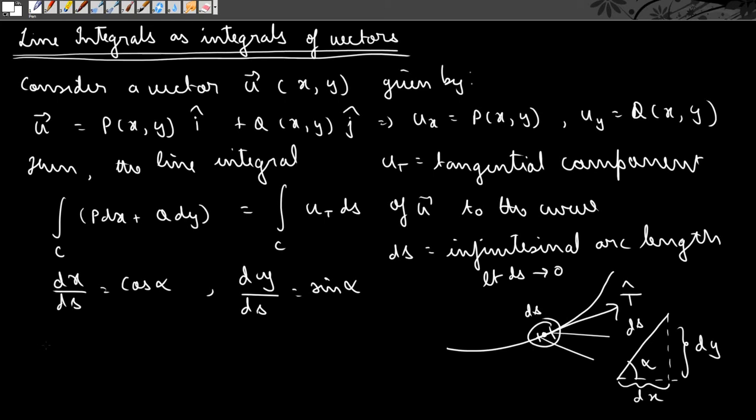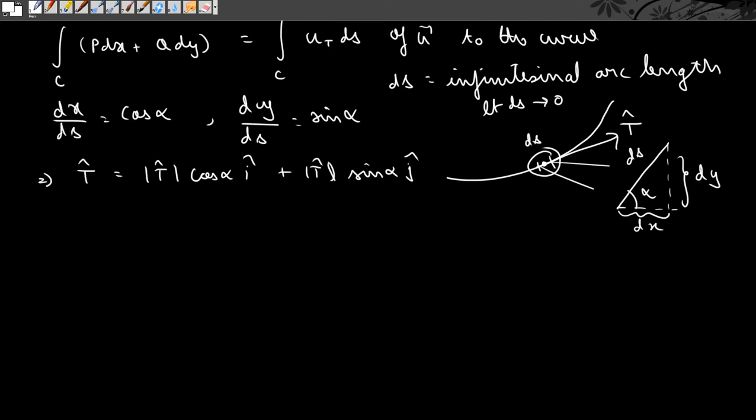So this implies that our t can be written as mod t cos alpha i cap plus mod t sin alpha j cap, where i cap and j cap are the unit vectors along the x and y axes.